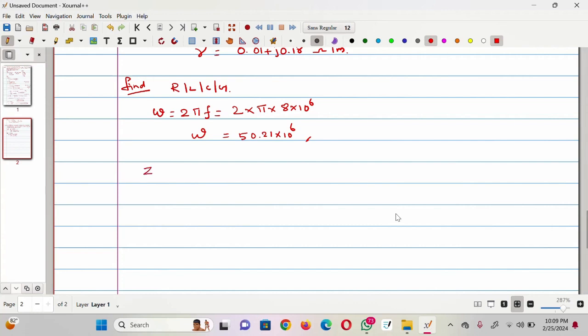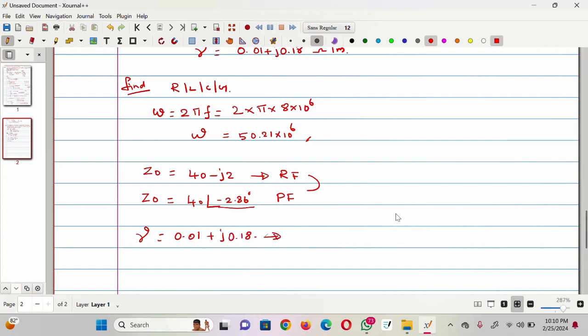So Z0 is already given as 40 minus j2, which is in rectangular form, so we need to convert it to polar form with the help of a calculator. In polar form it is 40 angle of minus 2.86 degrees. This is the polar format for Z0.